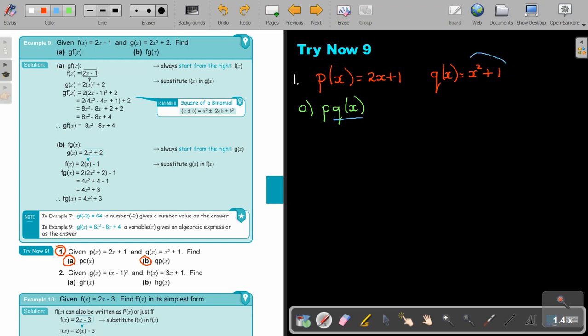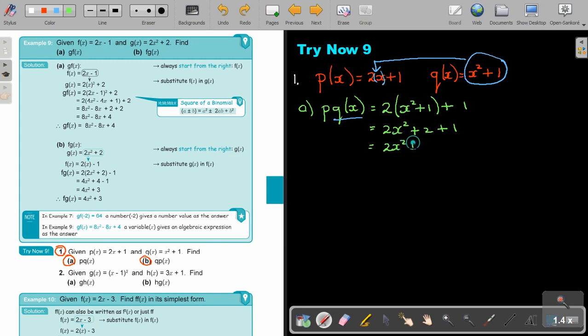Make a circle around q. And you are going to throw it in p in the place of x. So basically, I'm just going to say, and I'm going to write it now, 2, bracket, throw that blue in, x squared, circle in, and just continue. Do you see? And then I just simplify. 2x squared + 2 + 1 equals 2x squared + 3. Okay, so 2x squared + 3.